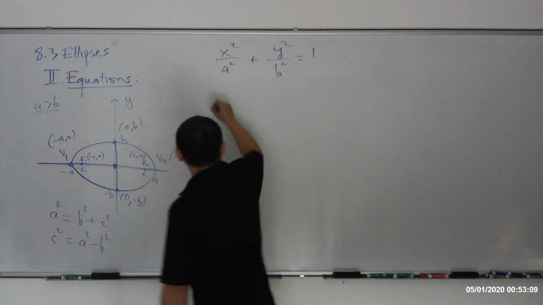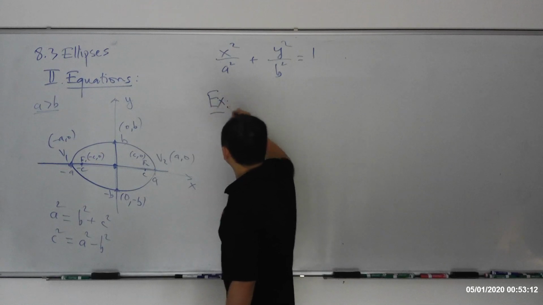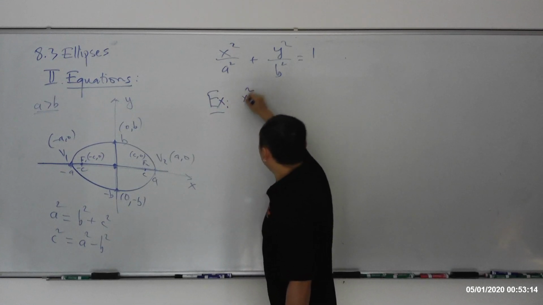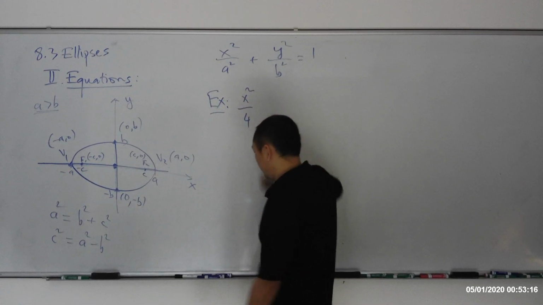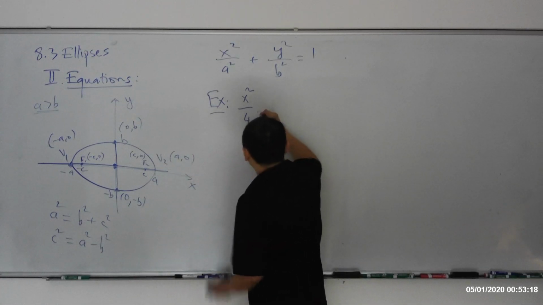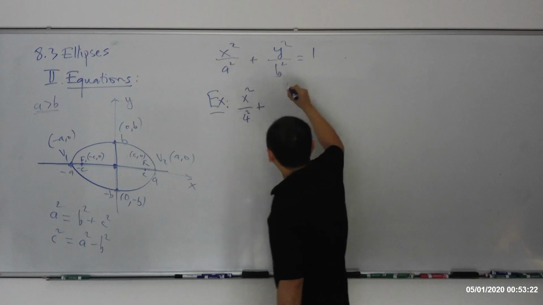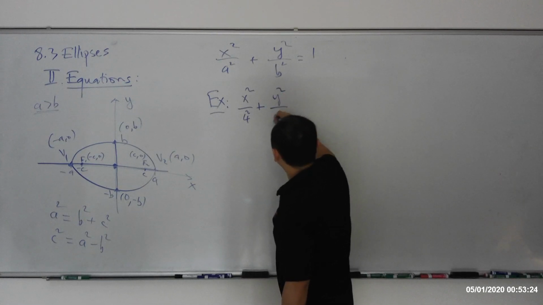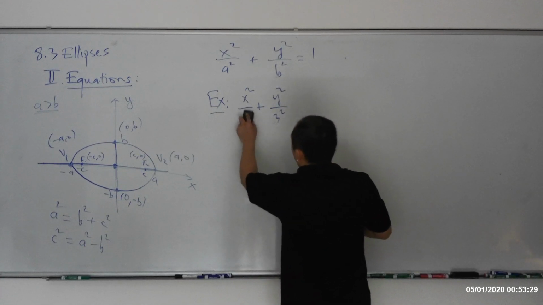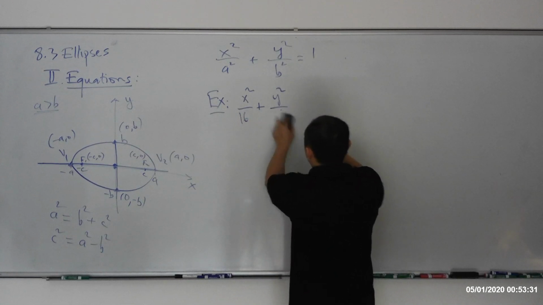Example: x squared over 4 squared plus y squared over 3 squared equals 1. 4 squared is 16, 3 squared is 9.